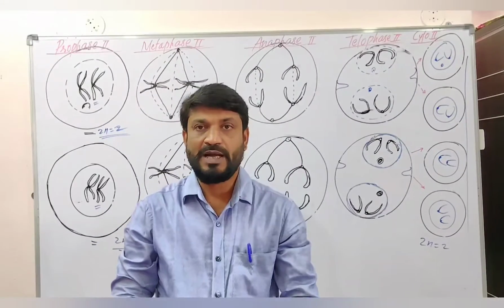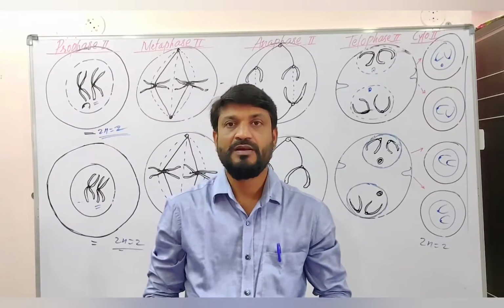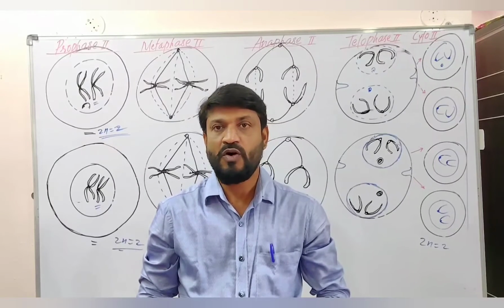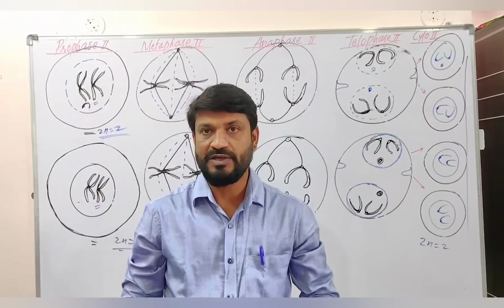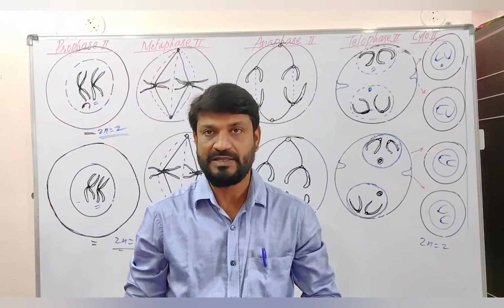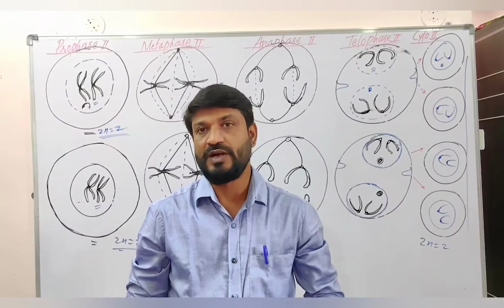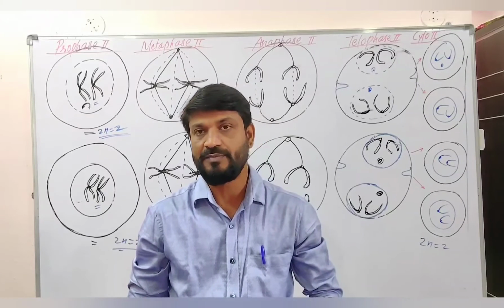Finally, students, we have to study the significance of meiosis. First significance of meiosis is formation of gametes. Due to meiosis, we know in sexual reproduction there is formation of gametes, male gamete and female gamete, which undergo fertilization, form a zygote, and in this way maintain the diploid condition of the zygote.